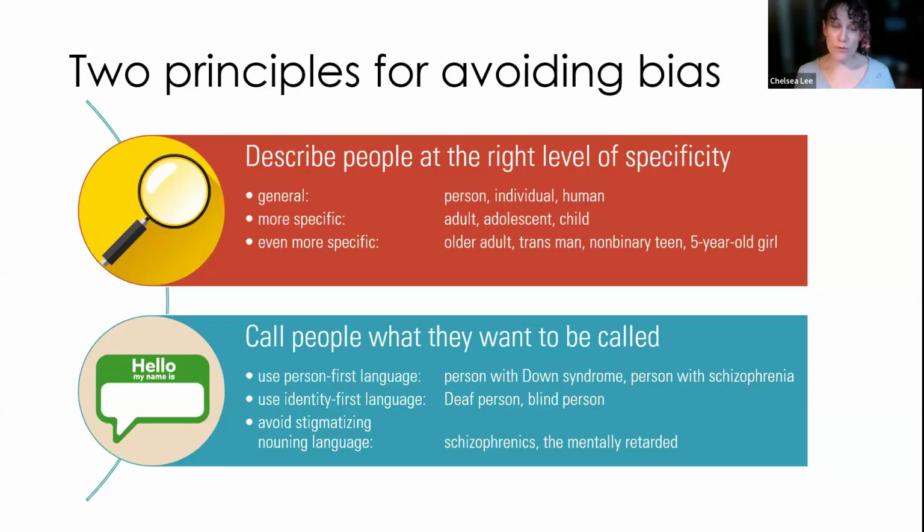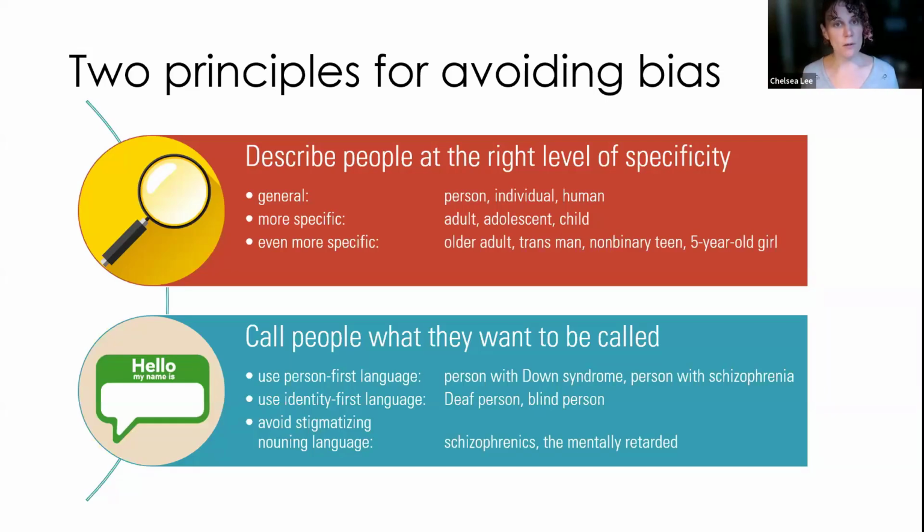The second principle for avoiding bias is to be sensitive to labels by calling people what they want to be called. Ways to do that are to use person-first language and identity-first language. Examples of that would be person with Down syndrome is a person-first language. You have the word person and then the with.